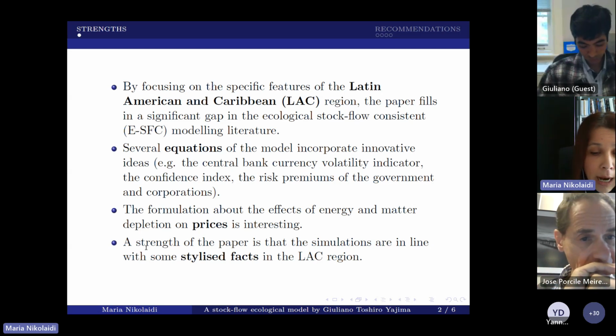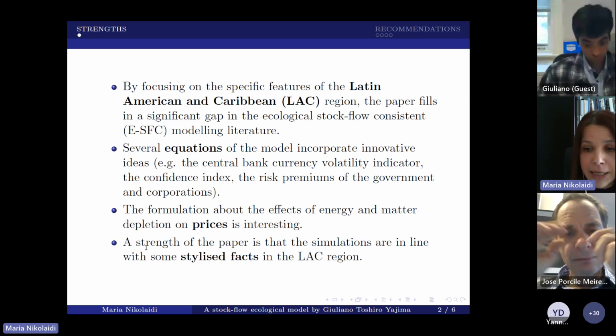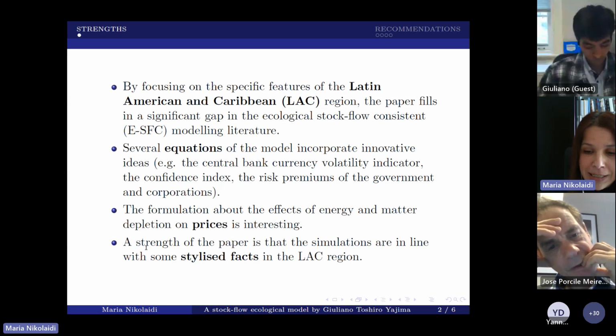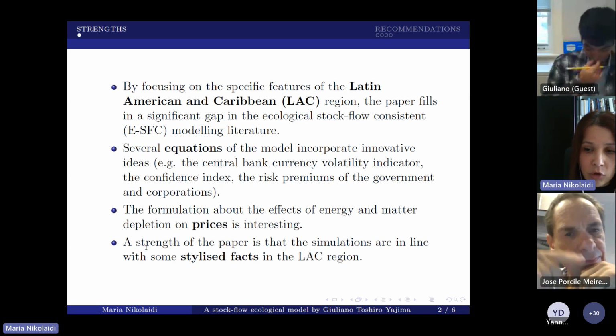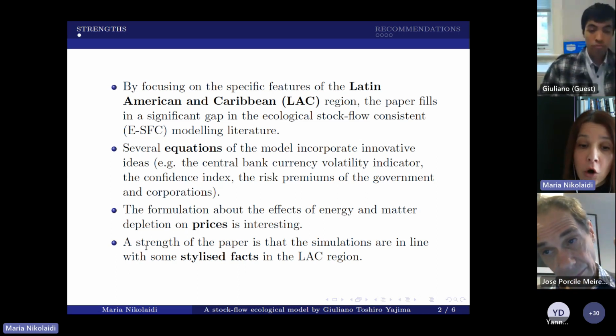So then something else that I liked was that you don't focus only on emissions. In the paper, you also have some environmental aspects like energy and matter. And I particularly liked that you want to investigate the effects of the depletion of energy and matter on prices.